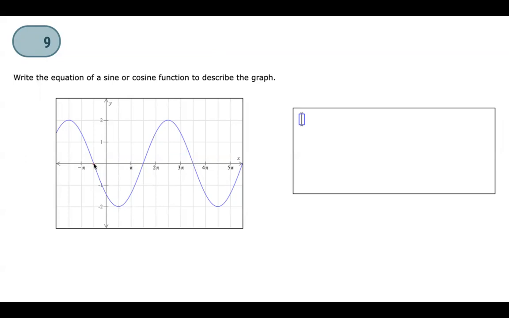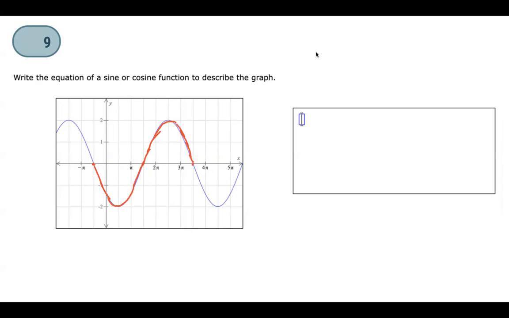A negative sign would start here and end here and would go something like that. So you could do a negative sign and find the equation, and this one would shift just pi halves to the left. So the shifting is not as much as the other one.